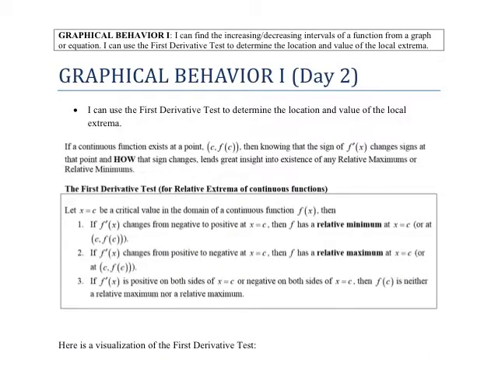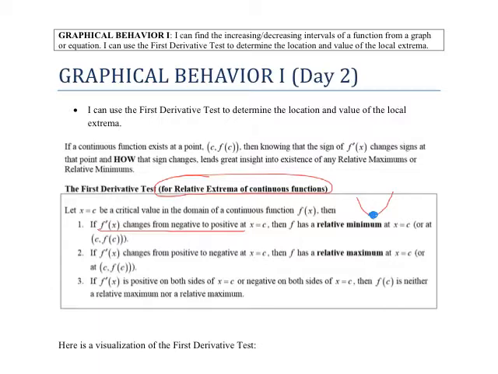The first derivative test is the test we use to find local extrema or relative extrema for continuous functions. The basic idea is if f prime changes from negative to positive, we get decreasing behavior to increasing behavior, and that creates a relative or local minimum at the point where the function changes from decreasing to increasing.